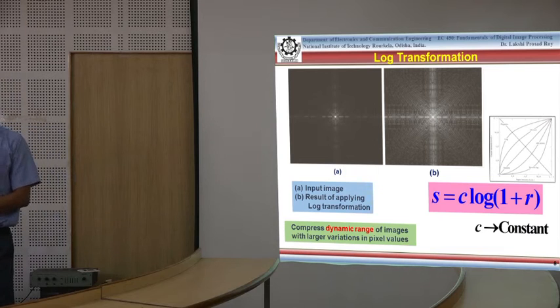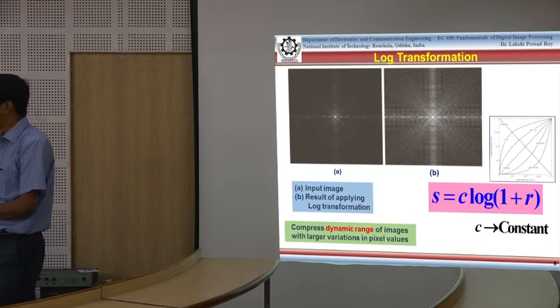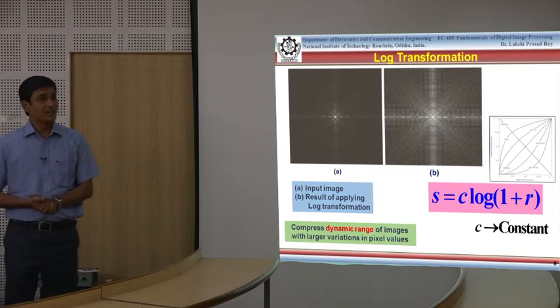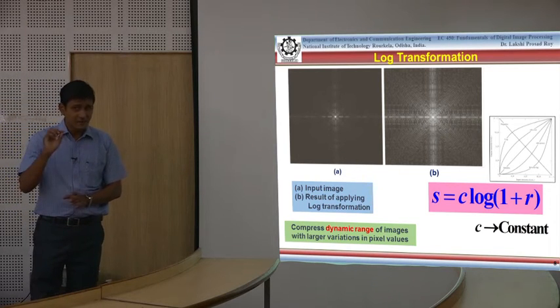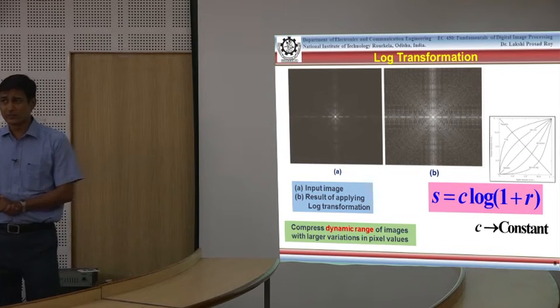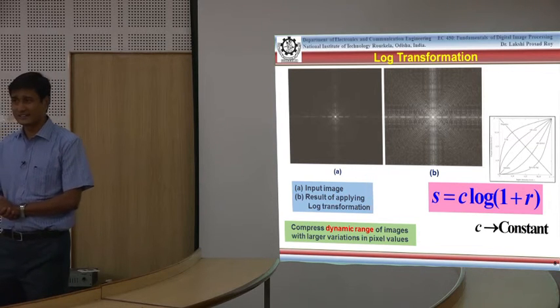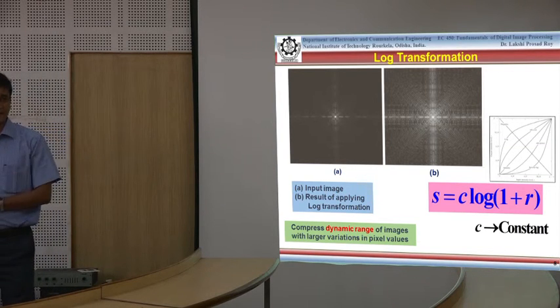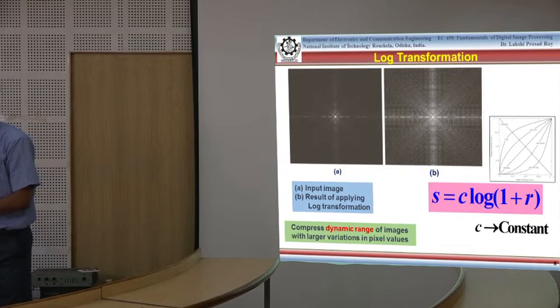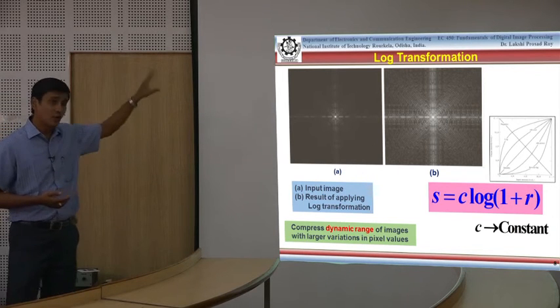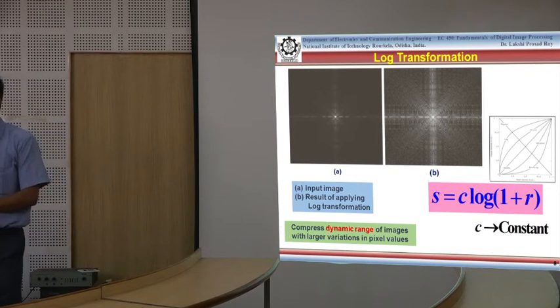What is the difference? If you look minutely into image A, maybe you are able to see some variation of gray values, black and white near the center, but those are not that prominent. Still it is there, you can guess at the center, but go away from the center.